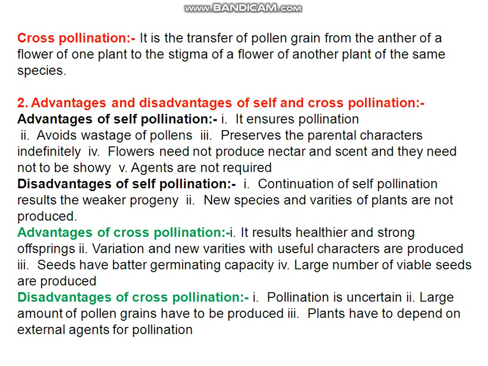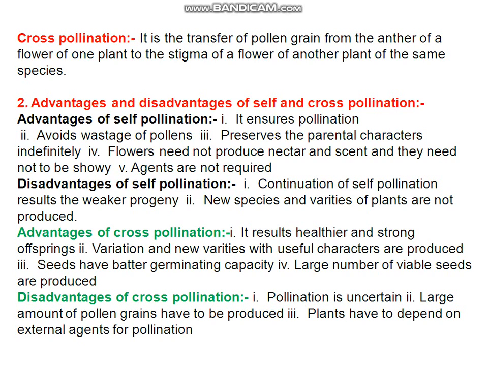Now I am going to discuss the disadvantages of cross-pollination. Pollination is uncertain because the pollen grains need to move from the flower of a plant to the flower of another plant. That is why it is not sure when the pollen grains will be transferred, and then the pollination can occur. So here the pollination is uncertain.